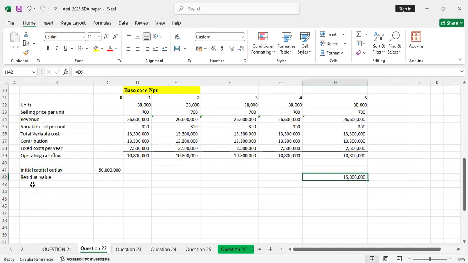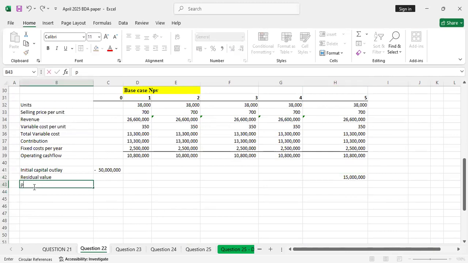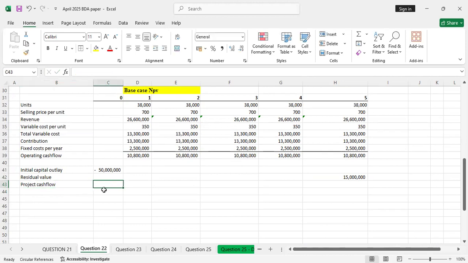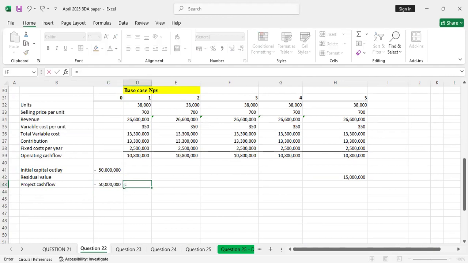So therefore, the project cash flow will be, for year zero, we'll have this. And for year one up to year four, I'll just drag.